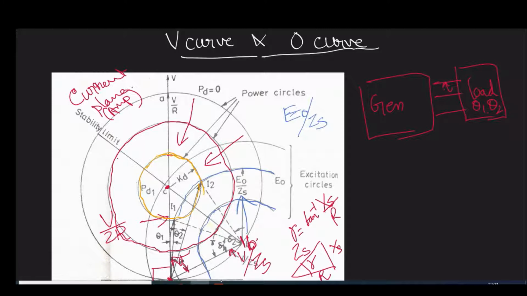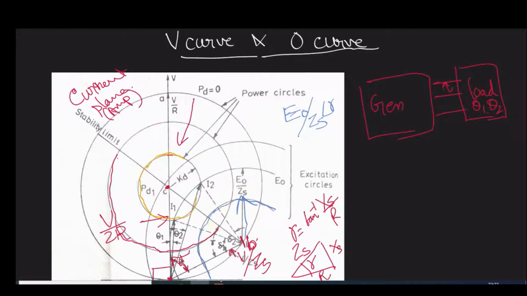And all the vectors are being shifted by an angle negative gamma, so there will be no change in terms of relative phase. Well, now here we are considering different values of E naught.